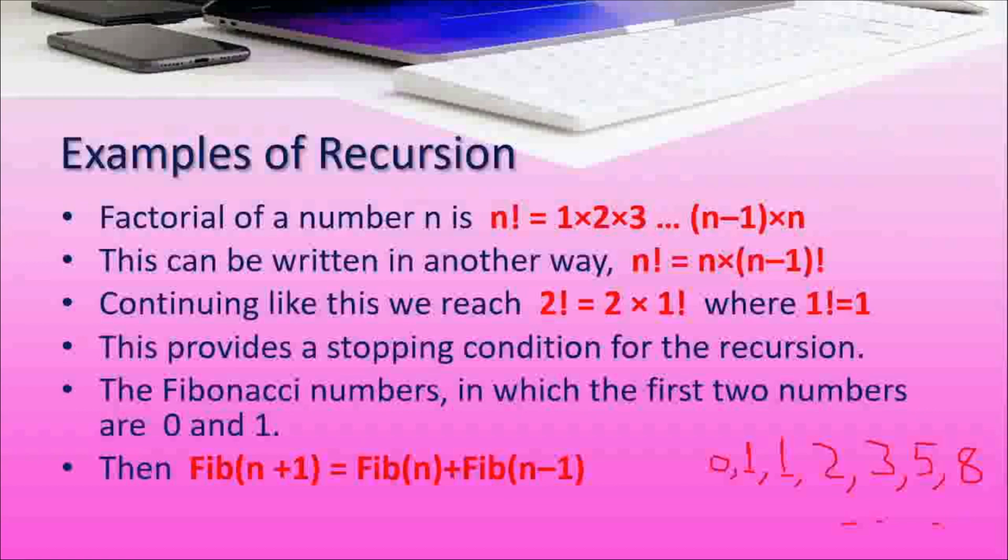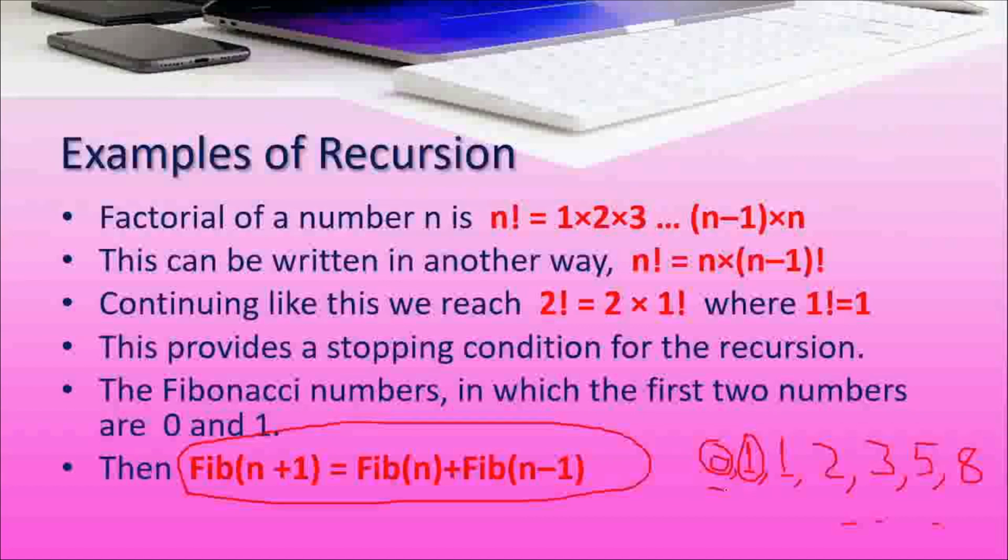So in order to find out a particular number in a Fibonacci series, we can find out like this: Fibonacci of n plus 1. If n is 1, this is 1, so 1 plus 1, that is 2, the second number. In the case of the Fibonacci series, the first number as well as the second number is fixed, 0 and 1.